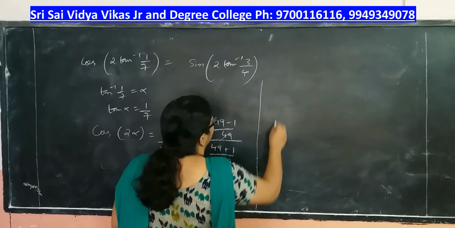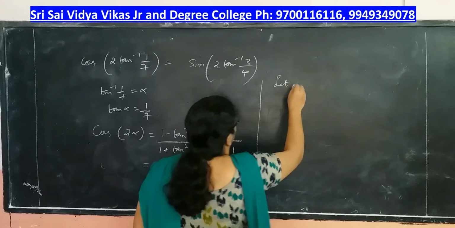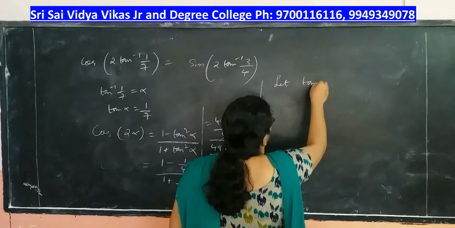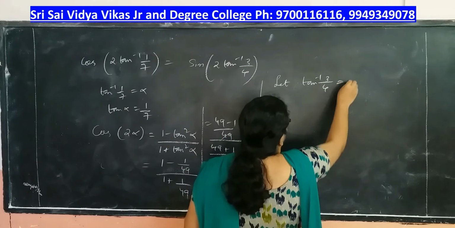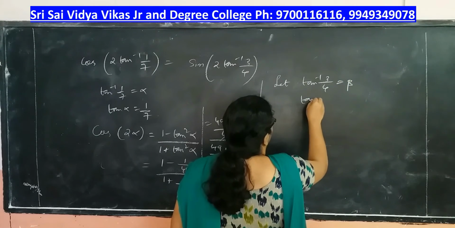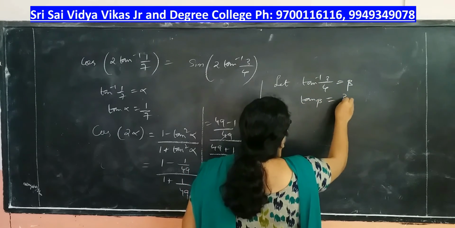Now the second part: let tan inverse 3 by 4 be equal to beta. Tan beta is equal to 3 by 4.